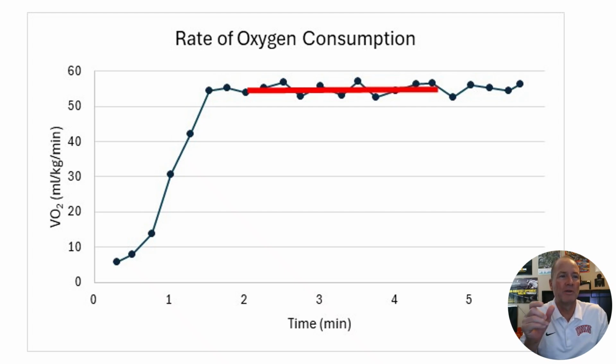And I picked that middle window for a couple reasons. I already talked about this issue back here. We want to avoid trying to average this information because this is not indicative of steady state rate of oxygen consumption measurement. I also try to avoid the ending of the test too, because sometimes some weird things can happen.